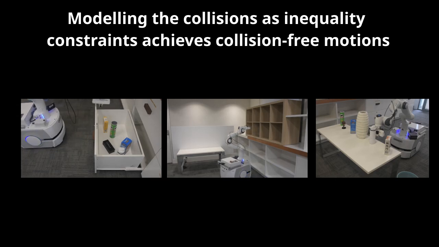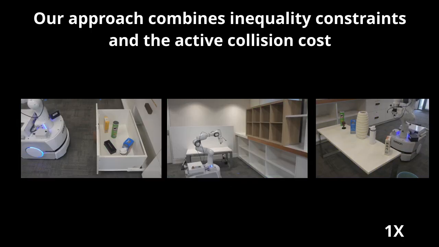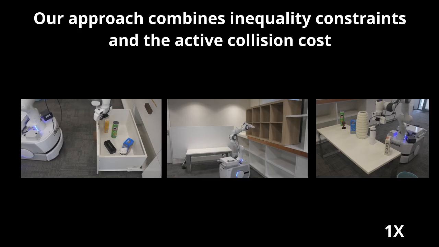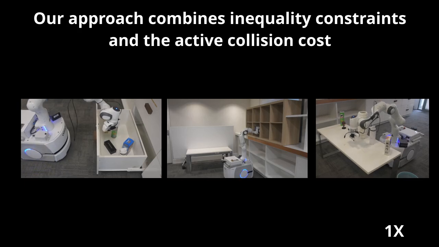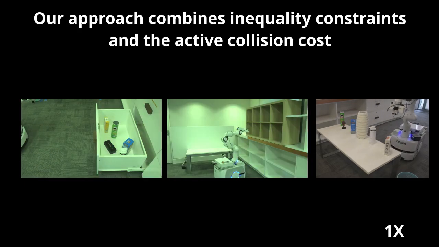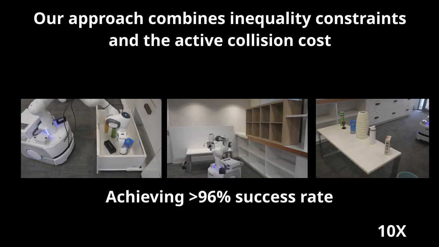However, the controller gets stuck in local minima in 15% of the experiments. Finally, our approach, combining the inequality constraints and the active collision cost, achieves collision-free motions and a success rate of 96% in our benchmark.